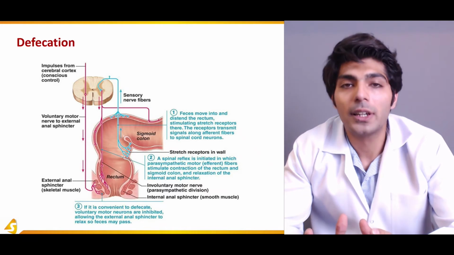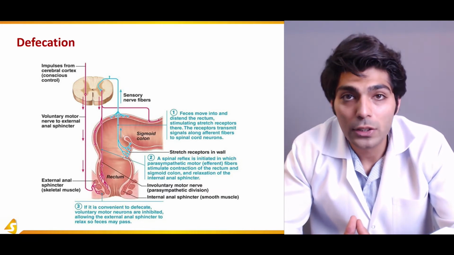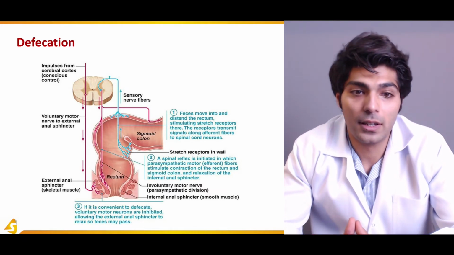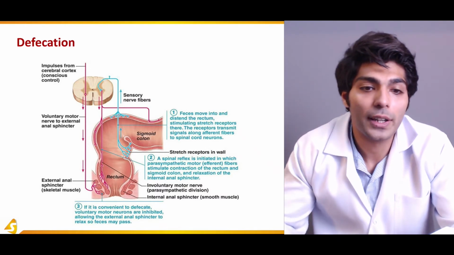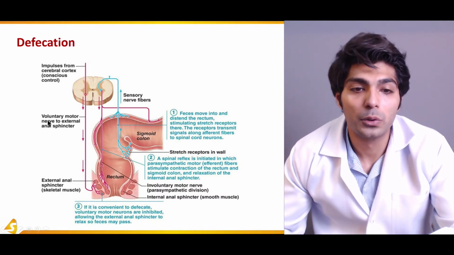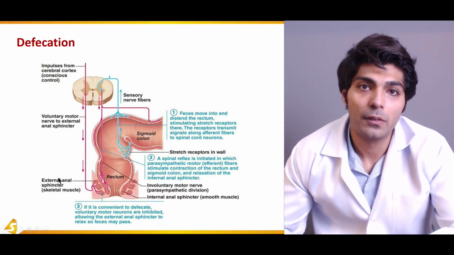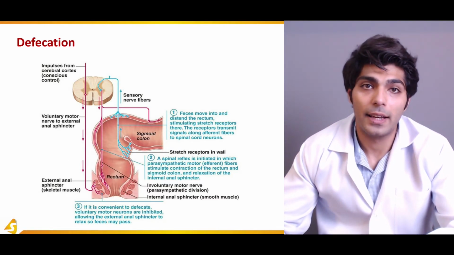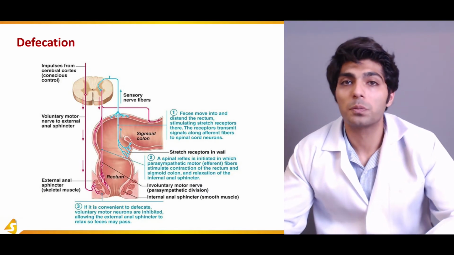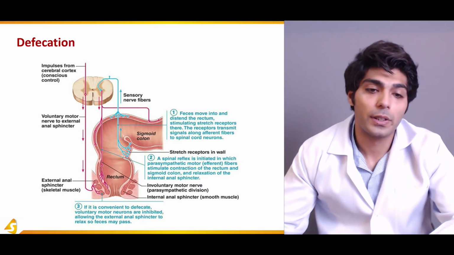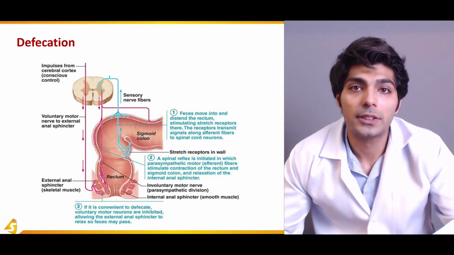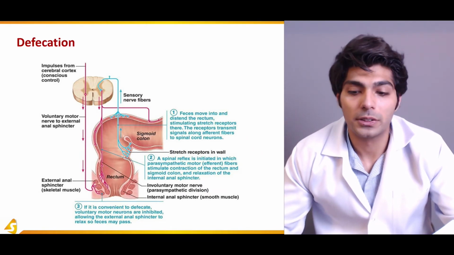Now the external anal sphincter also needs to be relaxed, and it is done from the impulses from the cerebral cortex, the voluntary motor nerve to the external anal sphincter, and hence the external anal sphincter, which is the skeletal muscle, gets relaxed. So the internal anal sphincter is a smooth muscle, and the external anal sphincter is a skeletal muscle.